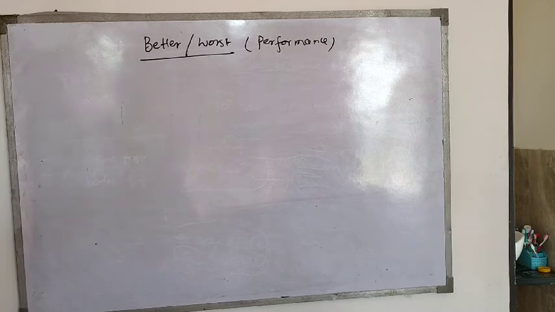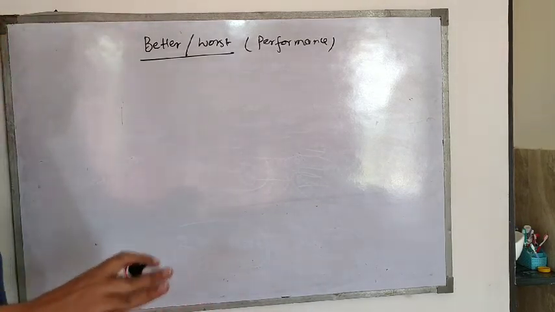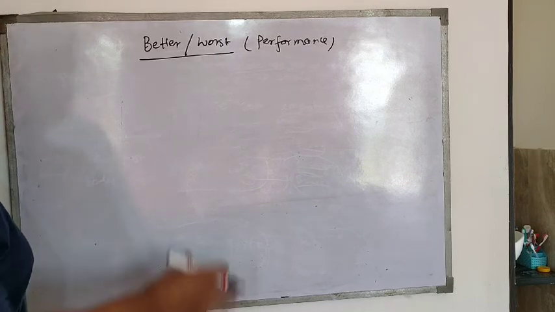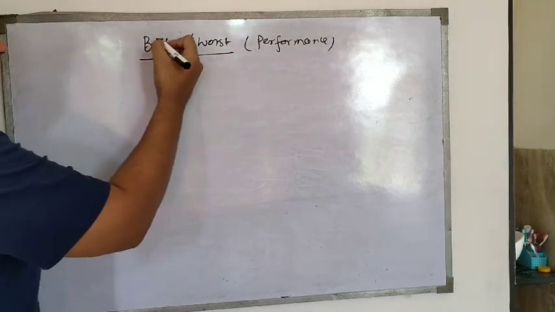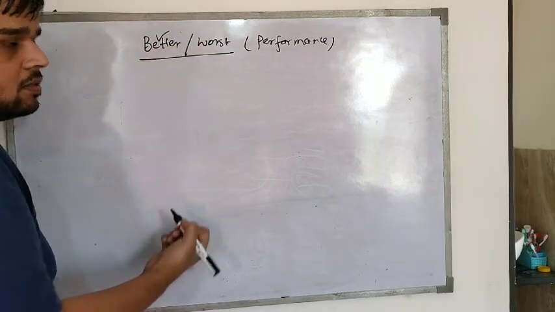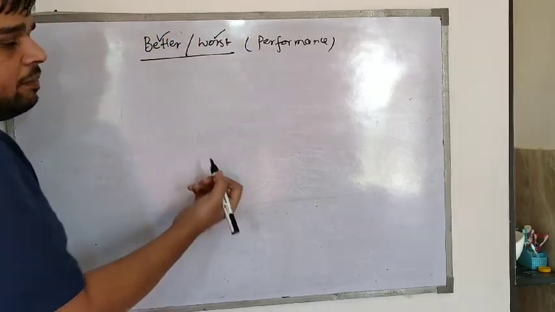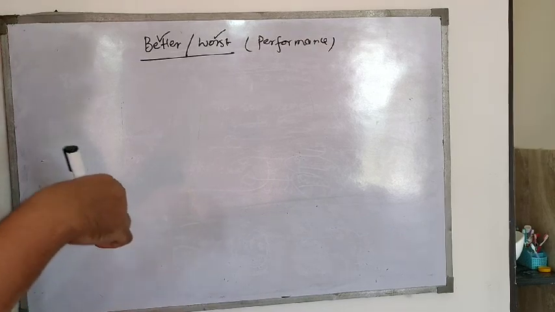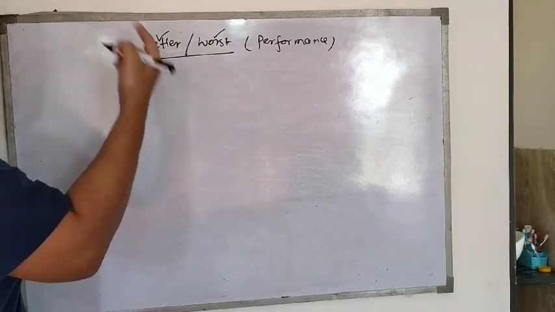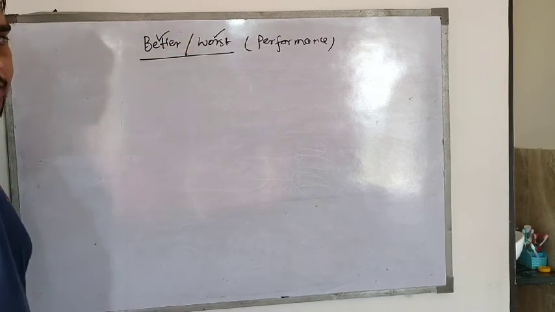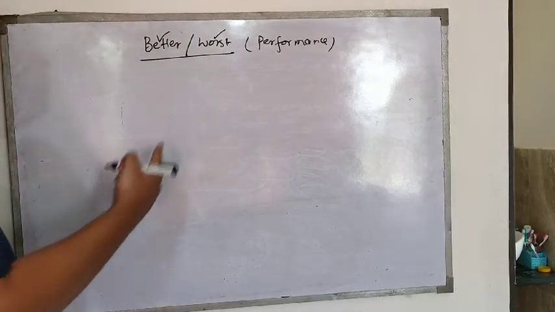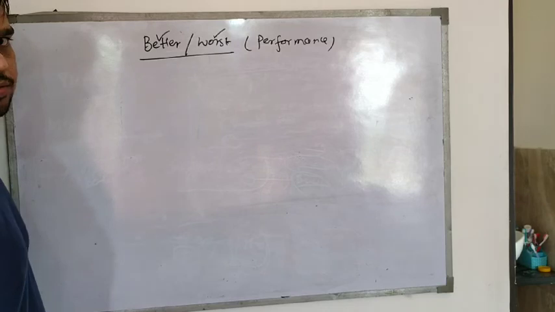Most of the time we compare the different algorithms, meaning different solutions given by different people, with the help of their performance. Sometimes performance is better, sometimes performance is worse. It means one algorithm given by one person is performing better, but another algorithm given by another person is performing worse.